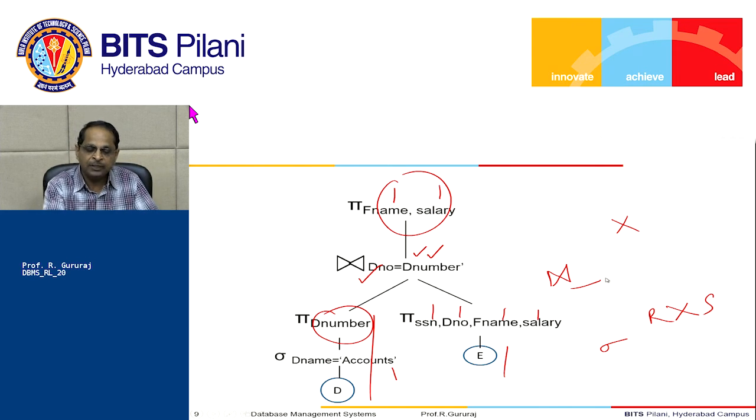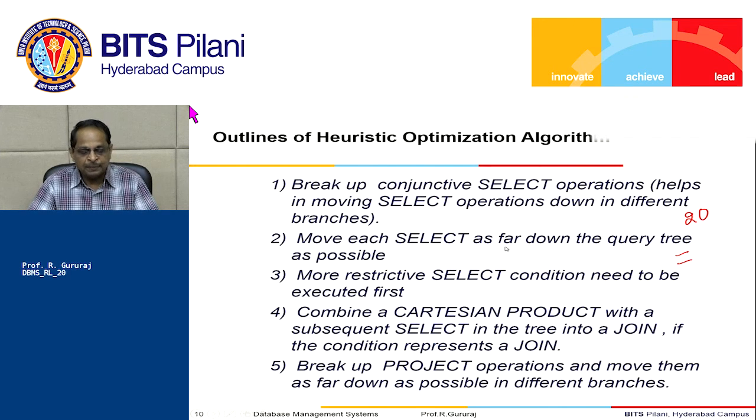Then I replaced that with one single join operation. And similarly, the last rule says that break up project operations and move them as far down as possible in different branches. If we apply these heuristic rules, then it is more likely that we will get a strategy which is reasonably effective and efficient.